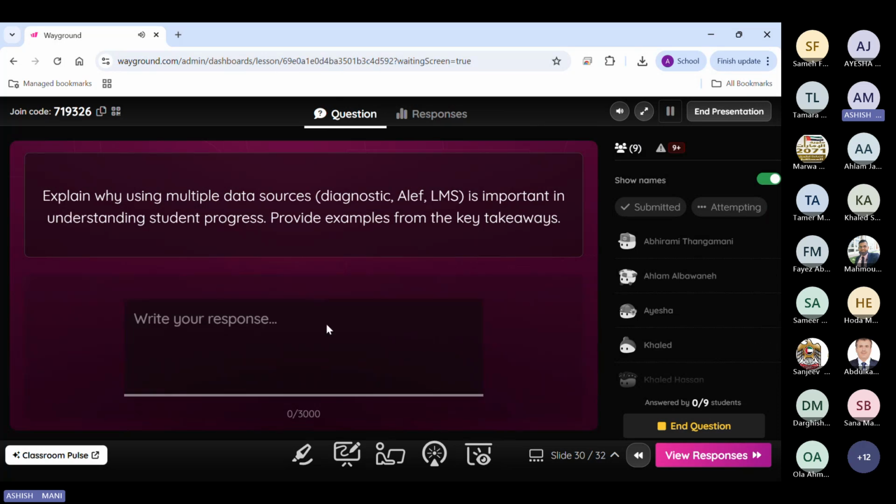Now, please, this is an open-ended question. Explain why multiple data sources, that is diagnostic, ALIF, and LMS, are important in understanding student progress.